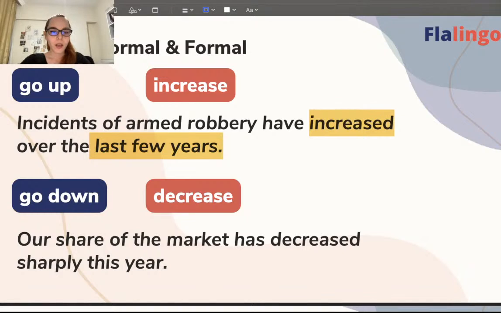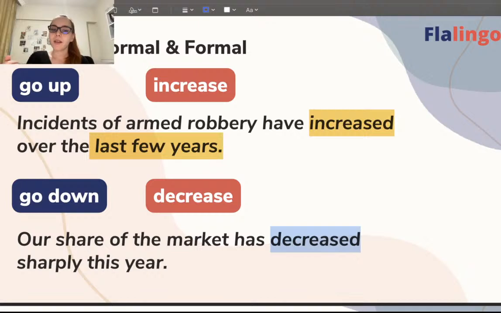All right. And the opposite meaning, go down, is decrease. Our share of the market has decreased sharply this year. And by sharply, I mean, like we know a knife. Think about a knife or a scissor. It is sharp. It's the same thing in Turkish.